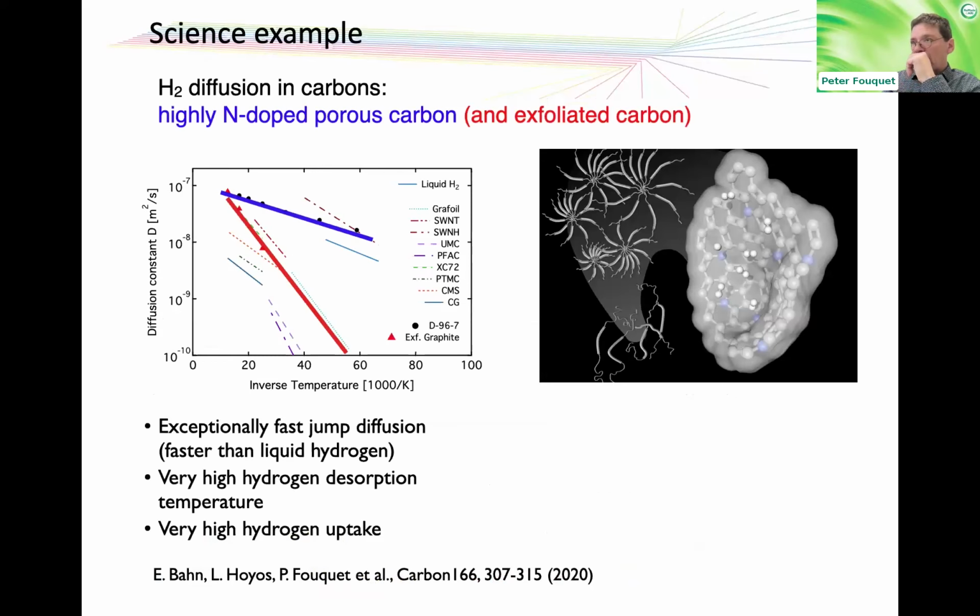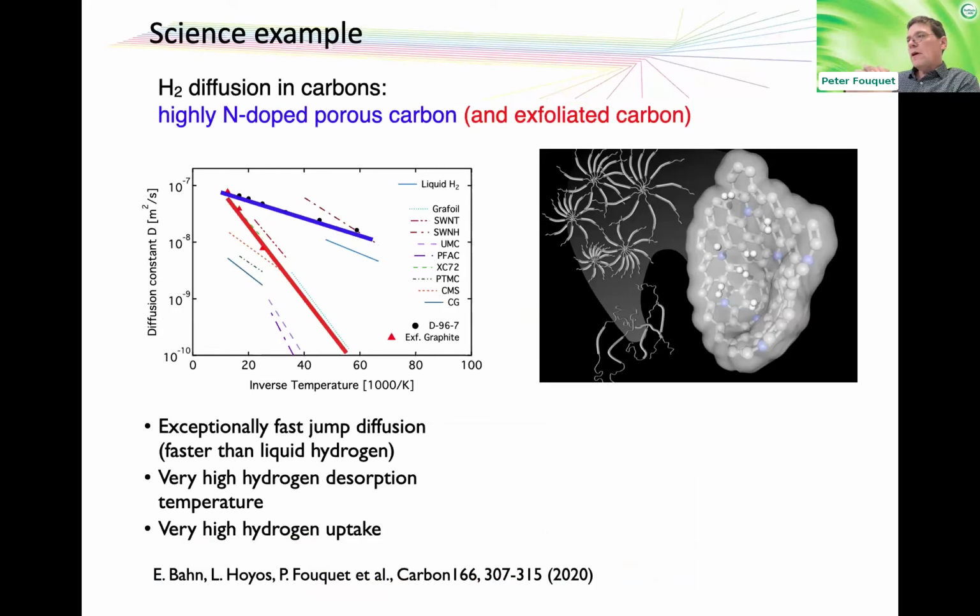Now I want to, after closing this, just show very briefly two other examples. One would be hydrogen diffusion in carbon materials, and that's a typical example of hydrogen storage materials that can be produced quite ecologically from existing carbons.